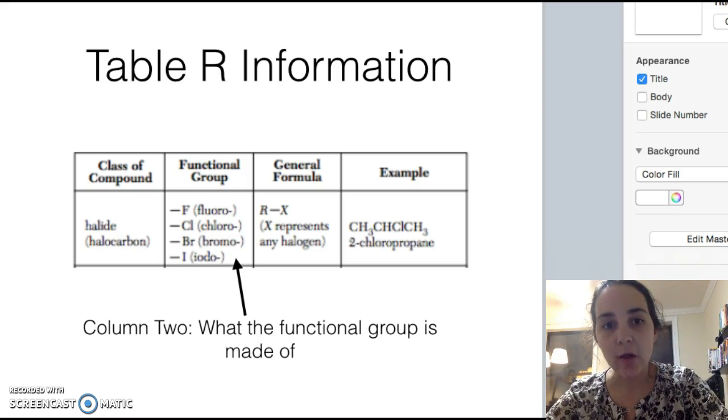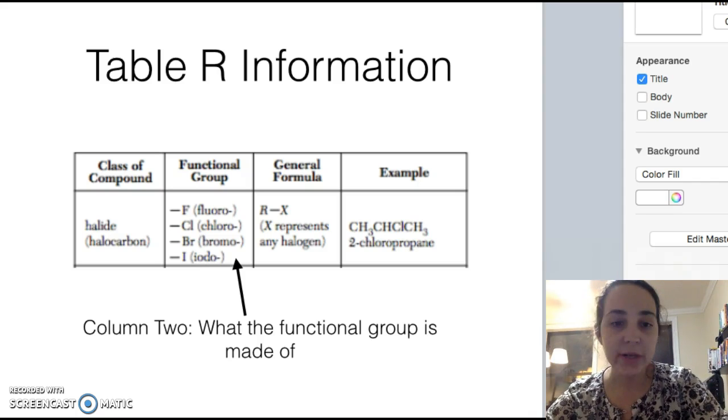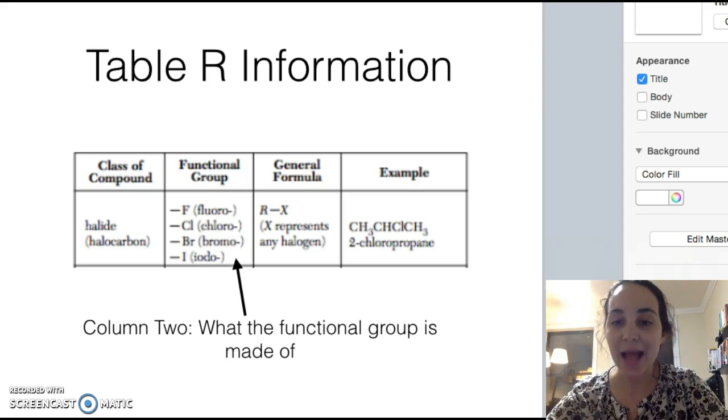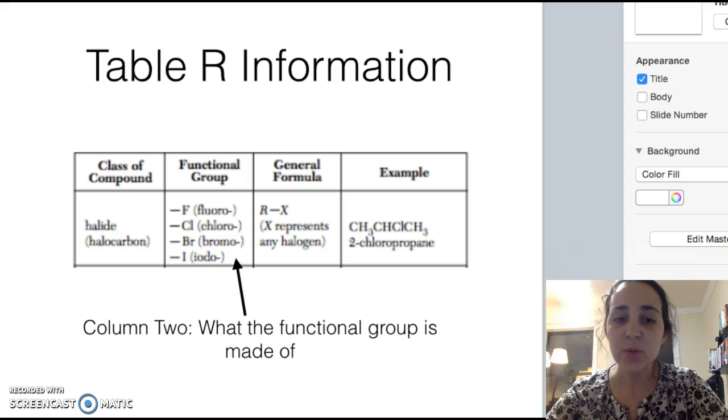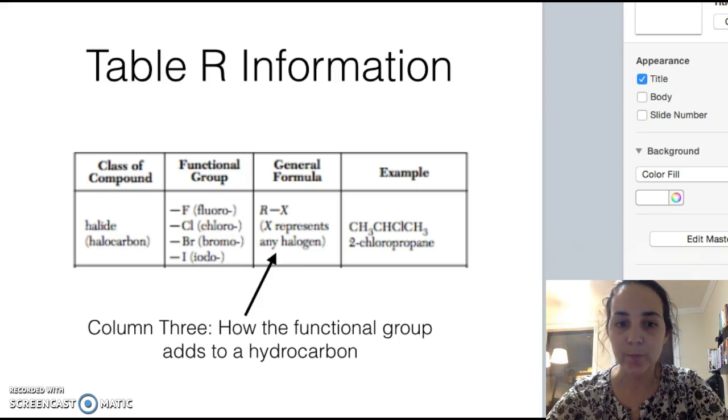Now the second column on Table R lists the actual functional groups that would get added to that hydrocarbon. For a halide, the functional groups that get added are any of these halogens, like fluorine, chlorine, bromine, or iodine. That's what's listed in column 2.